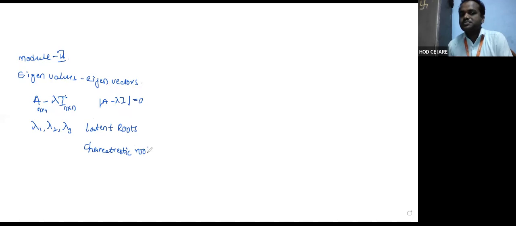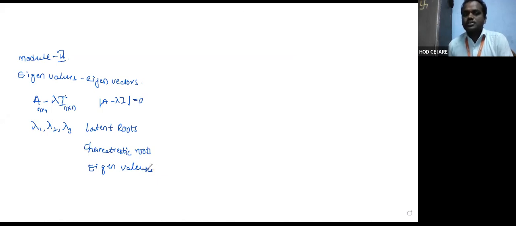So we write latent roots, characteristic roots, and next, eigenvalues.